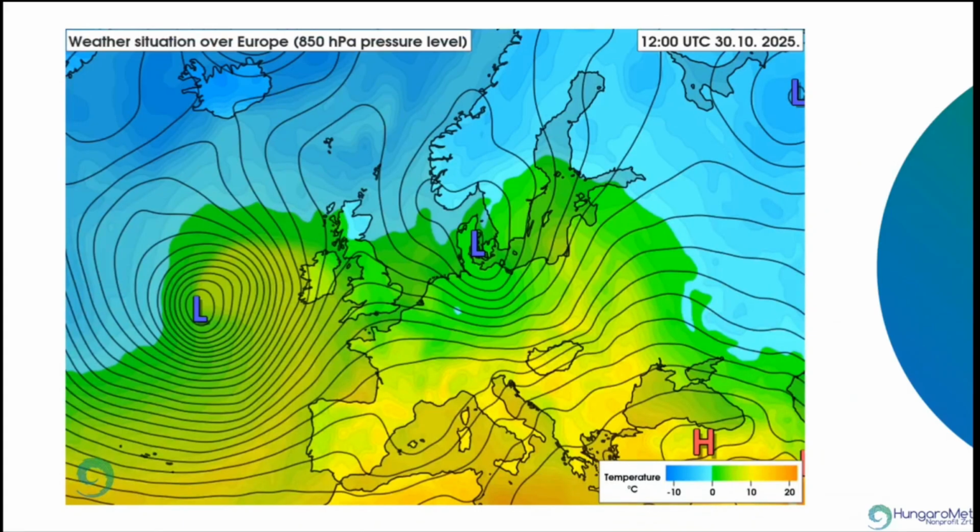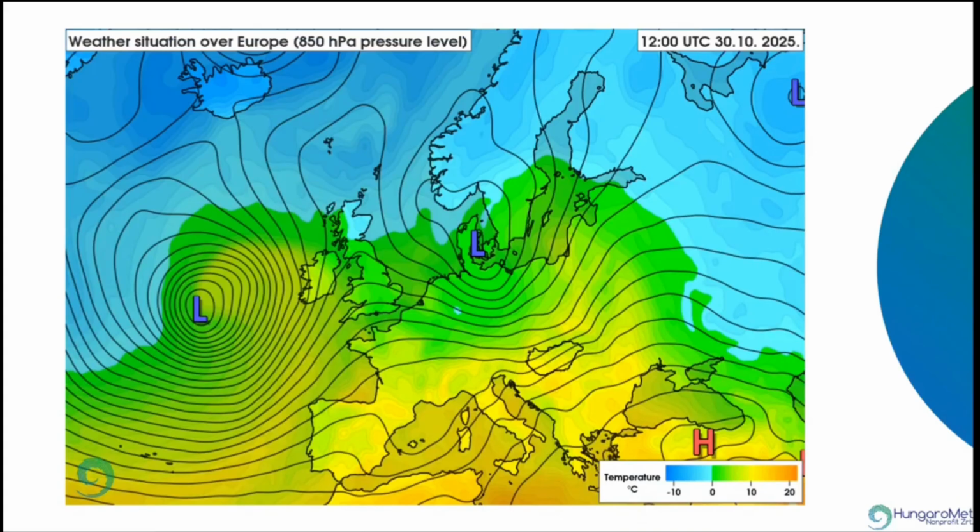Here is sort of an image of, this is 850 pressure level temperature. As you can see, the warm sector is clearly visible on the cyclone above the Atlantic Ocean.